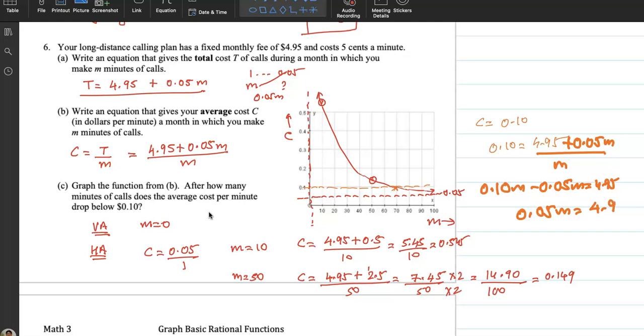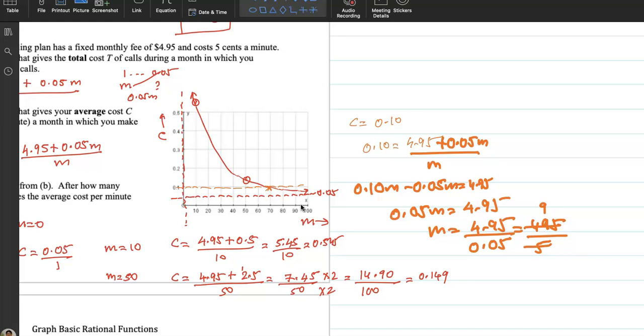Then m is equal to 4.95 upon 0.05, that's 495 upon 5. 5 nines are 45, so 495 divided by 5 is 99.